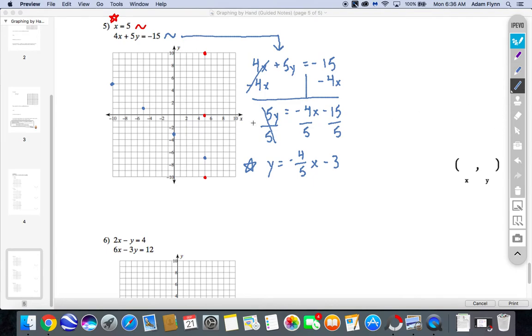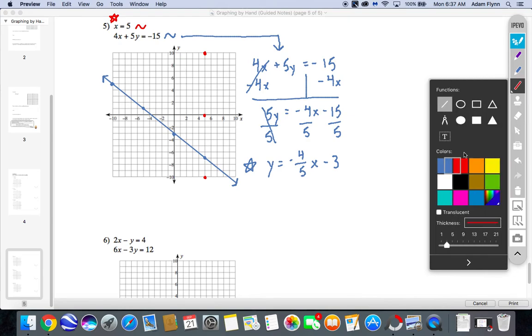There we go. I'll create my lines now, slap some arrows on it. And same goes for my red line.